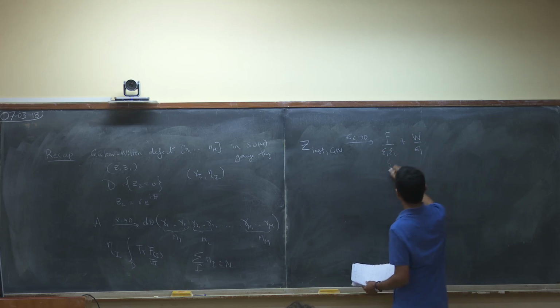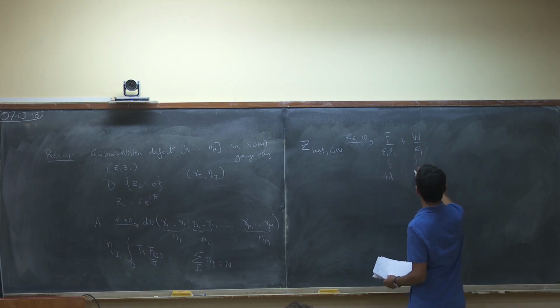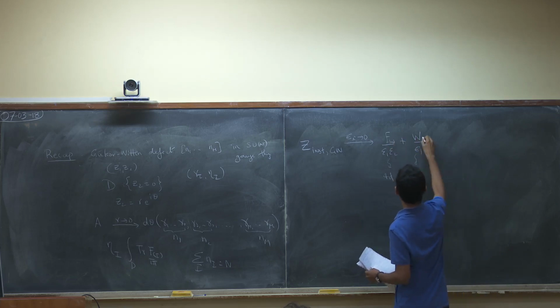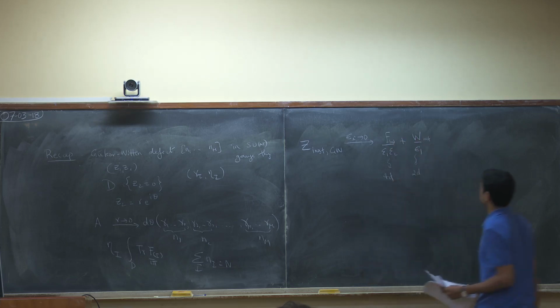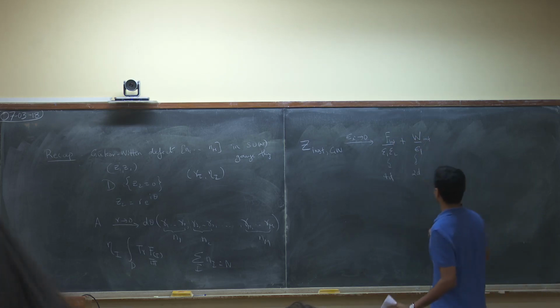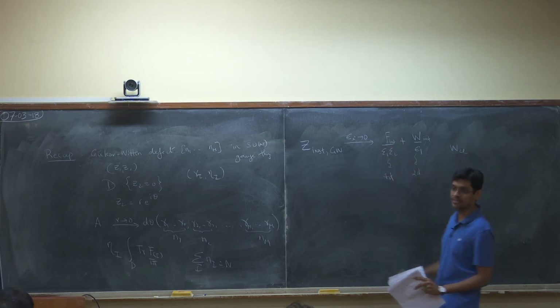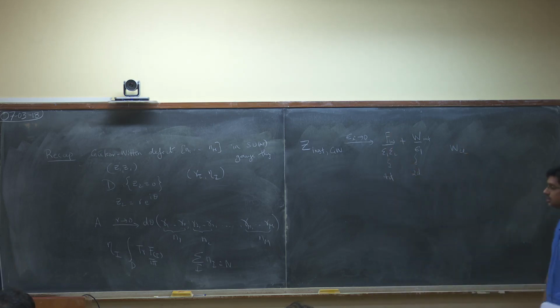So this has a 4D interpretation and this has a 2D interpretation. So these are the instanton contributions. And what I didn't mention last time, I'll just declare it now, is that there is also a classical contribution, just like F had a classical contribution which went like half tau A squared.